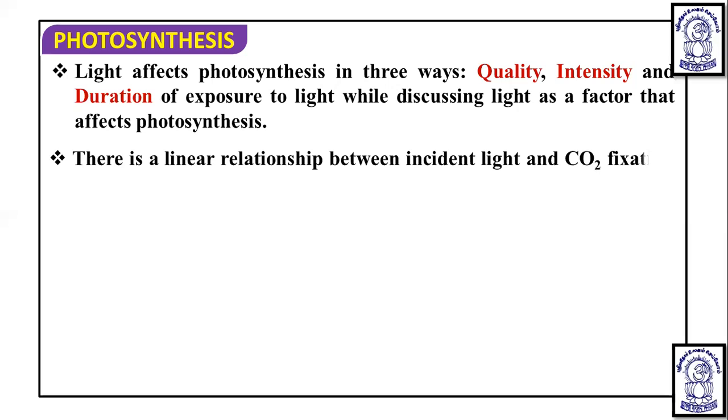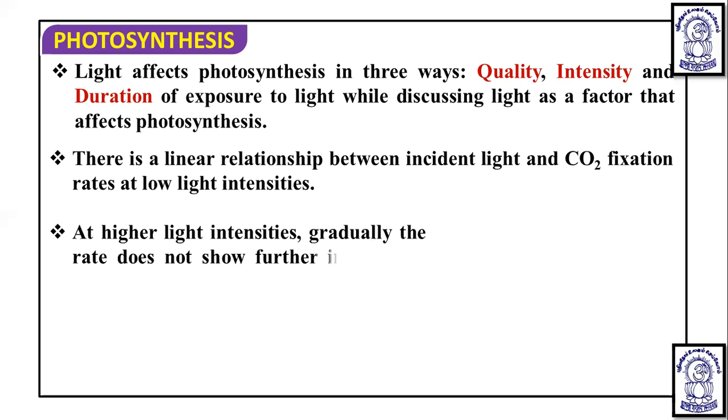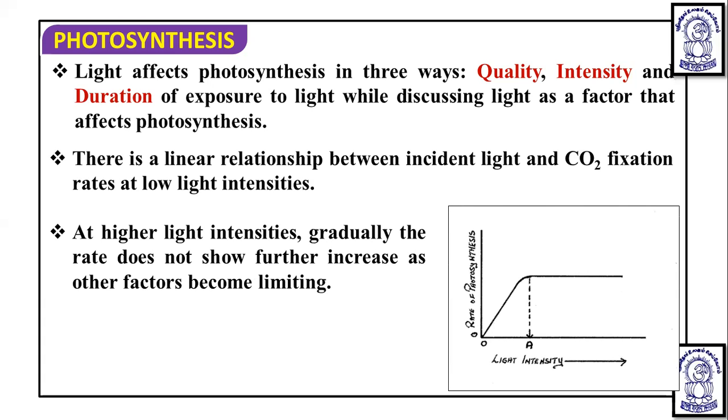Now, first, if we talk about light intensity, there is a linear relationship between the incident light and the CO2 fixation rate at low light intensity. At low light intensity, it is good. But at high light intensity, gradually the rate does not show further increase as other factors become limiting, as you can see in this graph.